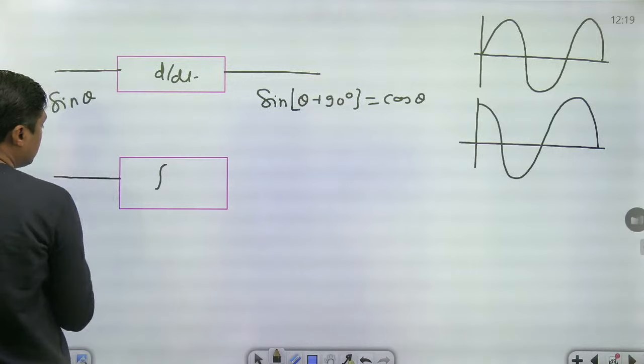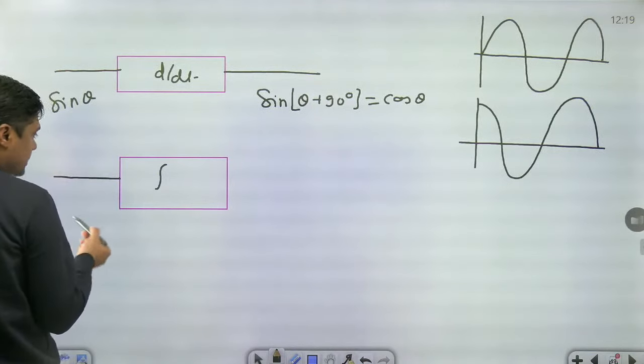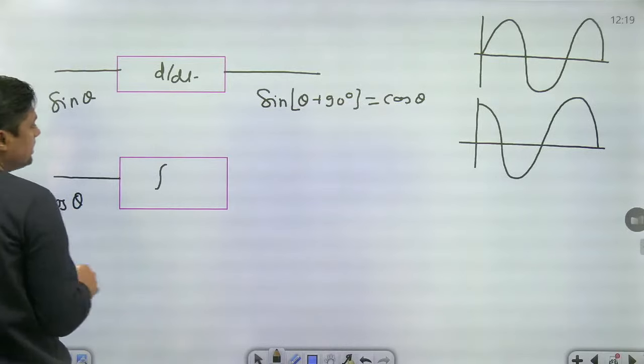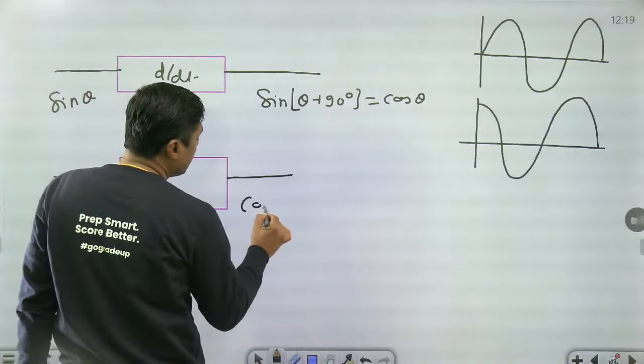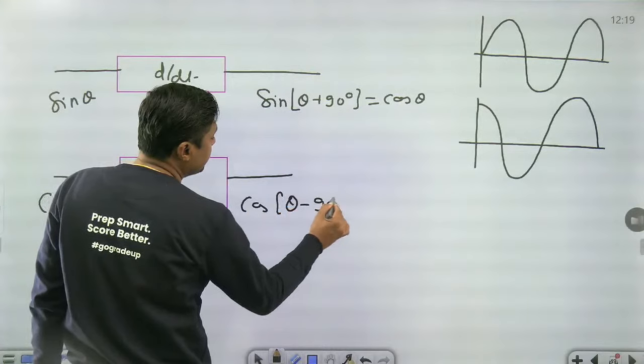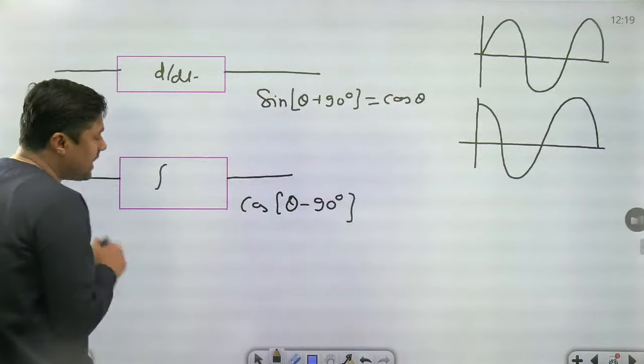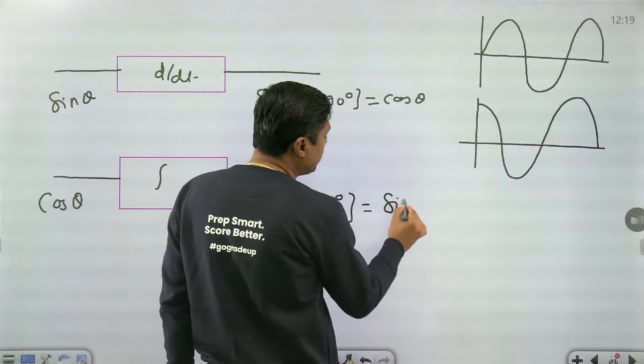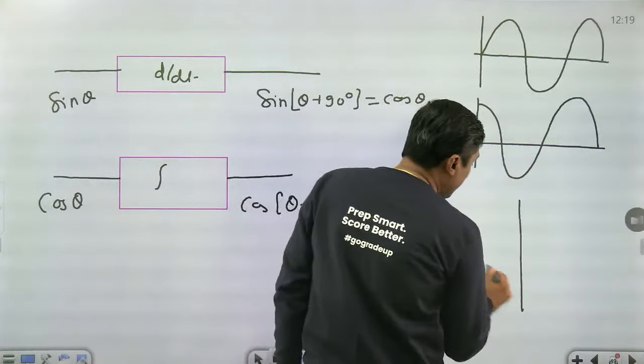Similarly, when we are using integration, if we are giving the cos theta, then we are getting cos of theta minus 90 degree. One is leading circuit, one is lagging circuit. Then cos of theta minus 90 degree is nothing but sine of theta. Always remember this diagram.